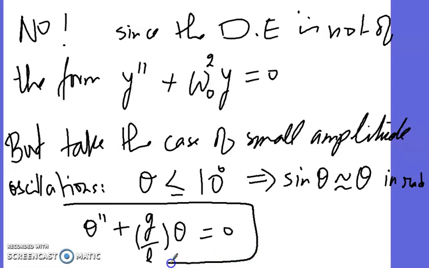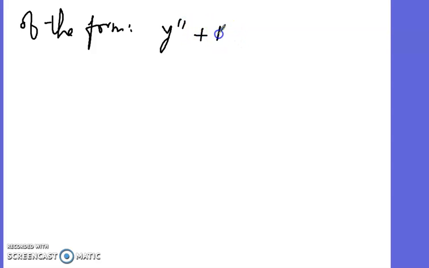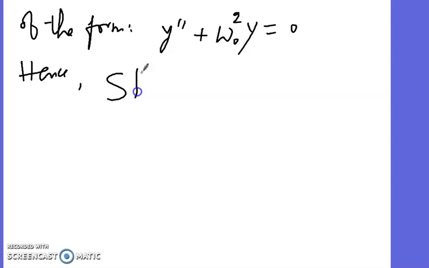So this is the second order differential equation, which is of the form y double prime plus omega 0 squared y equals 0. Hence, simple harmonic motion. Why is this?